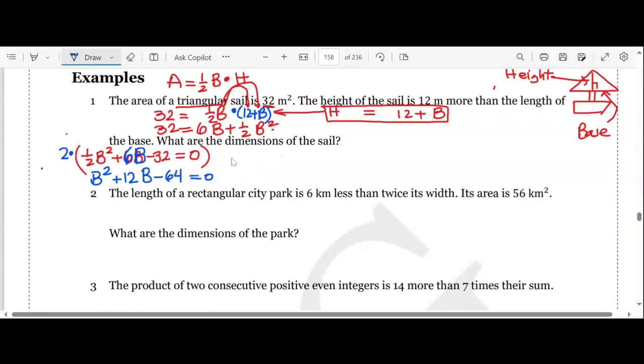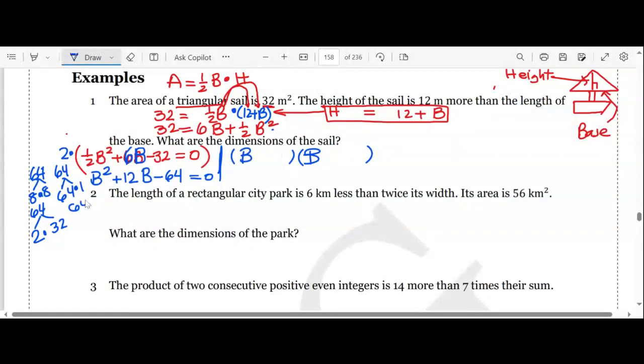Yes. So if you factor it, what are you going to get? b will be... 64. What are the two numbers that multiply to 64 and give you a total of 12? We have 8 times 8, correct? What else? 64 times 1. What else? 2 times 32.